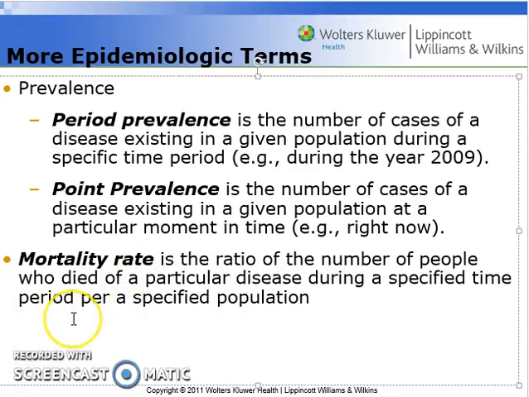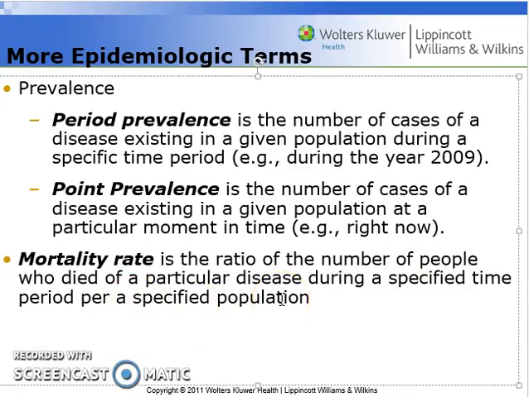For mortality rate, this is the ratio of the number of people who have died due to a particular disease at a specified time period in a specific population. So notice how prevalence and these rates are always about a specific time period and specific population. For mortality rate, this is going to be a ratio of the number of people who died at that particular time.